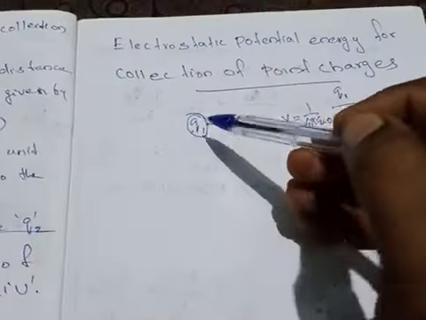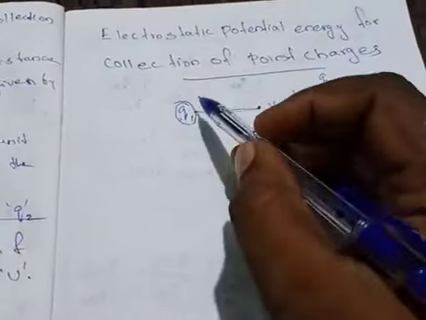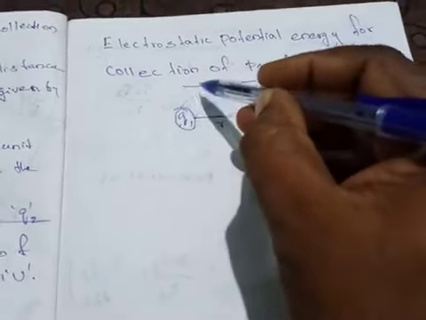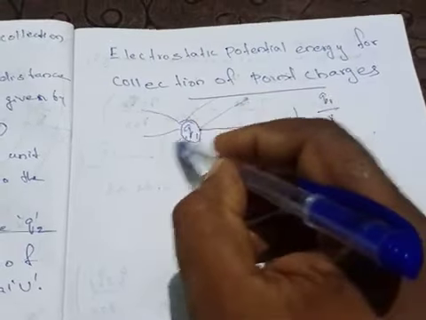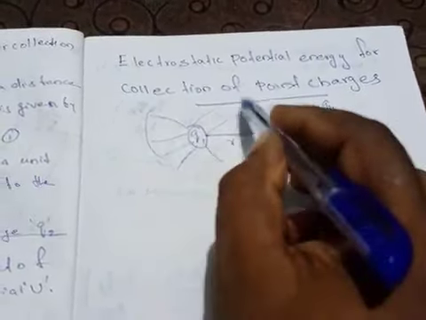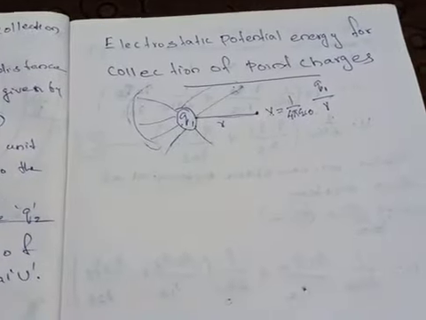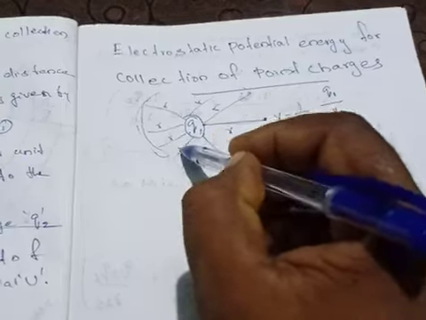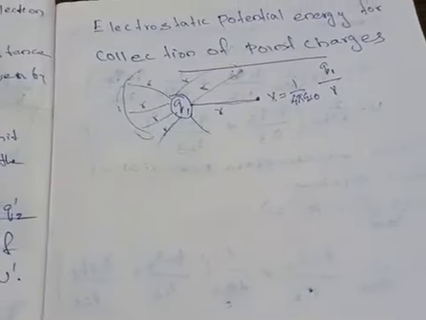While explaining the equipotential surface I told you that at any point at a distance r, the electrostatic potential will be the same. This is what I told in the last class.